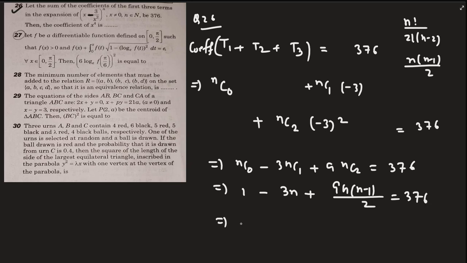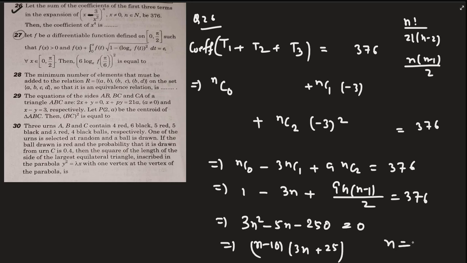If you do the cross multiplication and simplify, you will get a quadratic equation, 3n^2 minus 5n minus 250 equals 0. Do the factorization, it will be (n minus 10)(3n plus 25). The accepted value is 10 only, because n is a natural number.